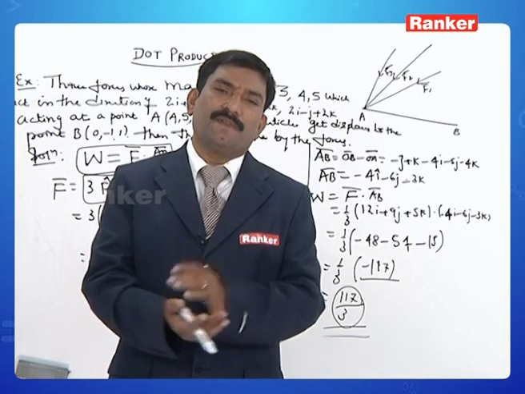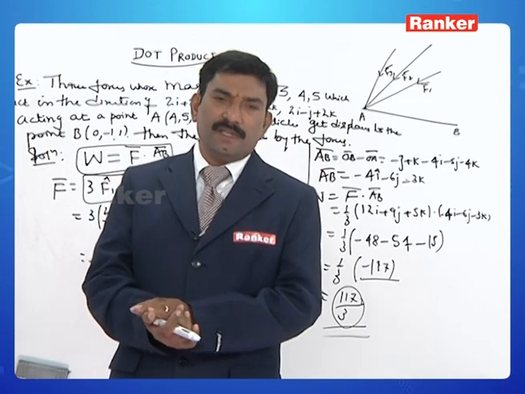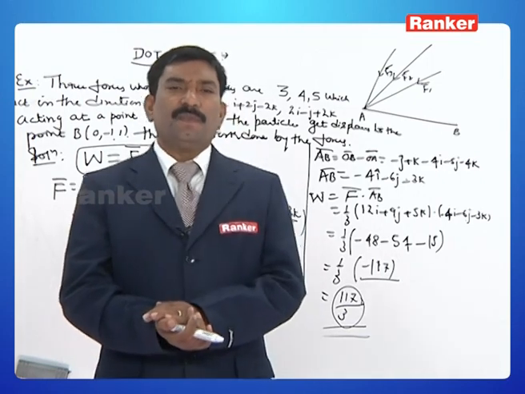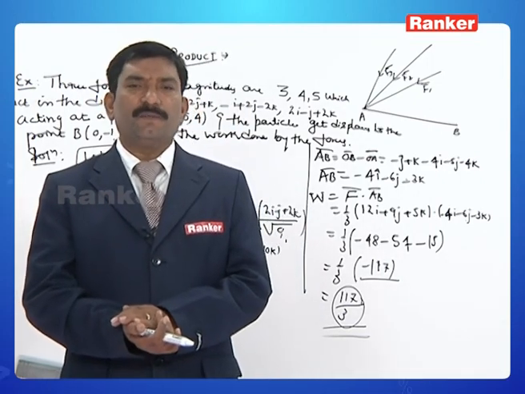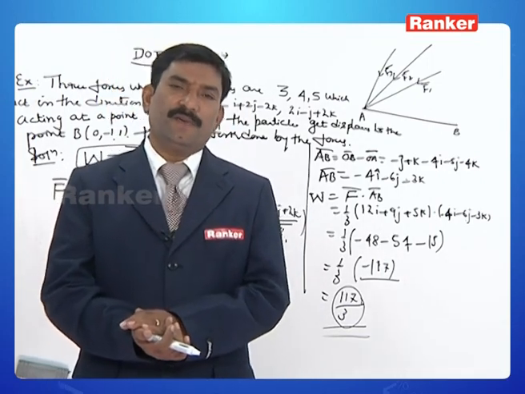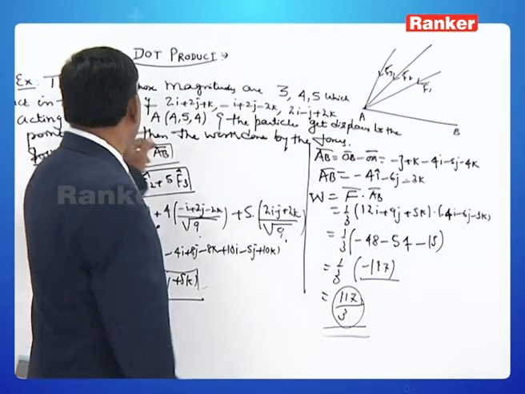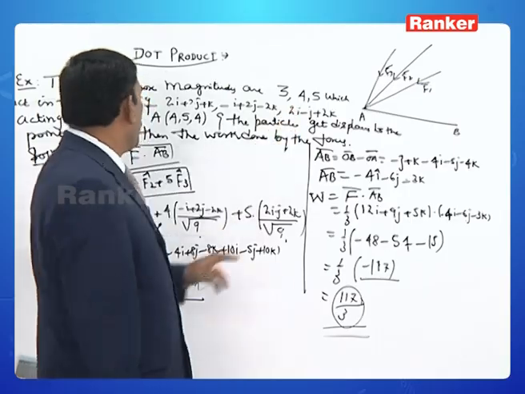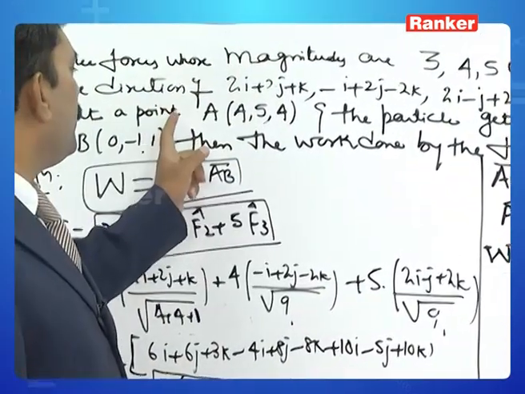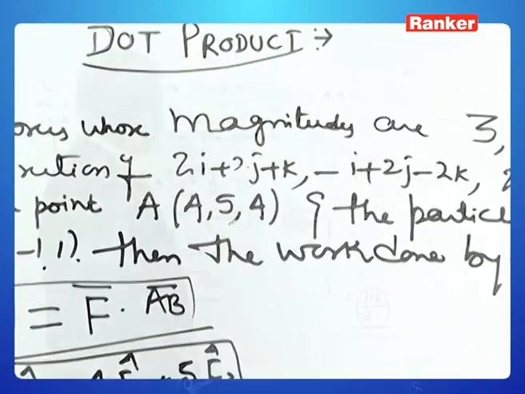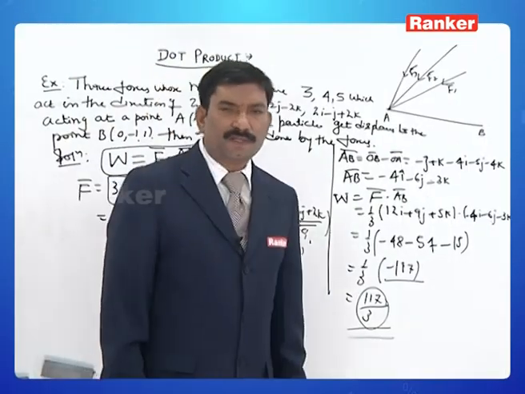Force is nothing but a vector quantity, so the forces are represented through vectors. The 3 forces whose magnitudes are 3, 4, 5, which act in the directions of this, and acting at a point A, and the particle gets displaced to point B, then the work done by the forces.